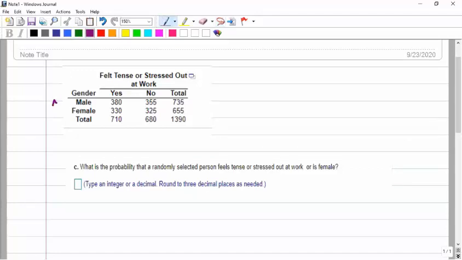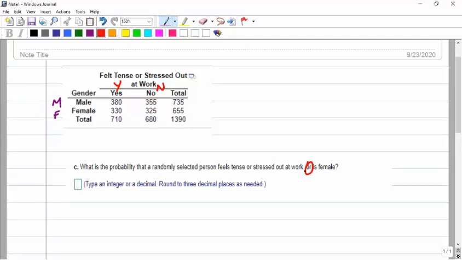I'll just use M and F and Y and N for yes and no and the stressed out. They're hard to see. Let me make them red, so that way I can write this. You see this OR is a probability OR right there.